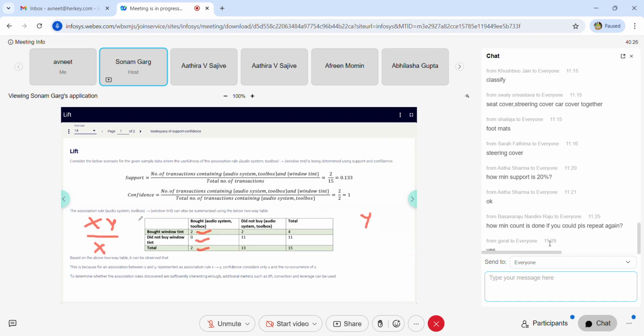But there might be transactions where people purchased only Y, only window tint, or only a mobile cover. Maybe there are more such transactions where people purchased only the phone cover but didn't purchase the phone. So what is that data telling us?